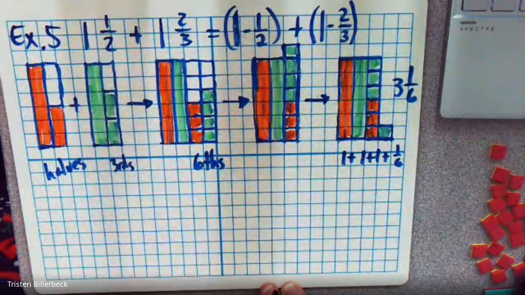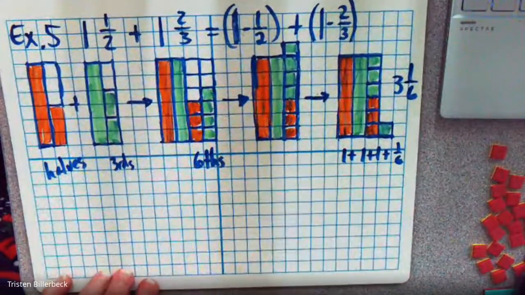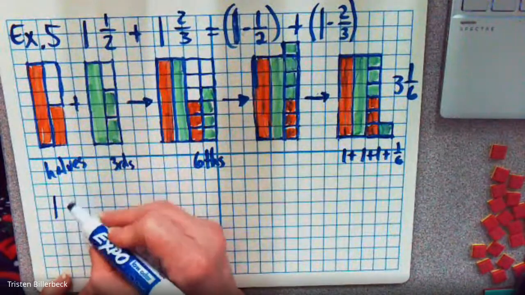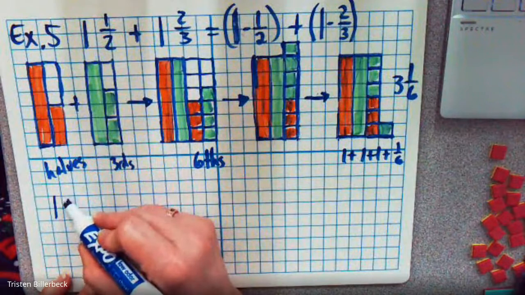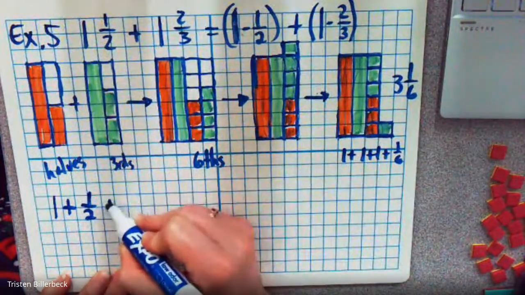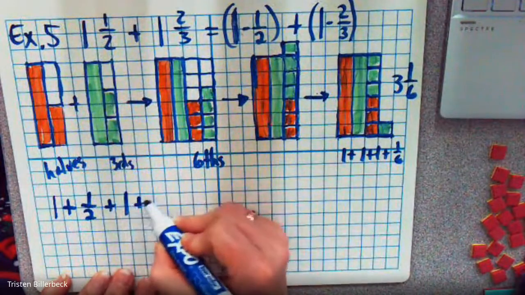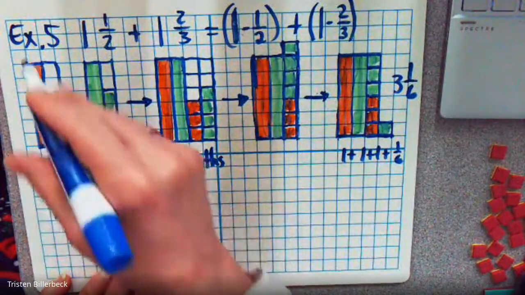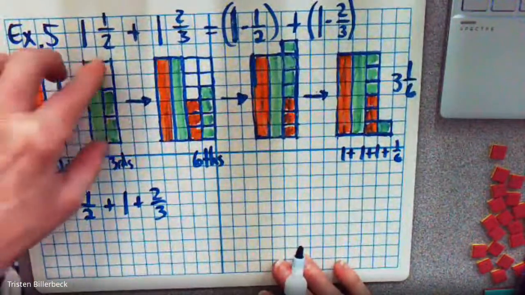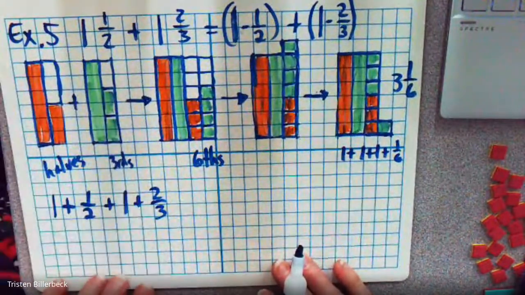All right, well, let's see what that might look like using our other math. So if we take 1 and we break apart 1 1/2 and say 1 plus 1/2 plus 1 plus 2/3, because that's kind of what we did with this drawing. We took the 1 and we added a half, and 1 and added 2/3.